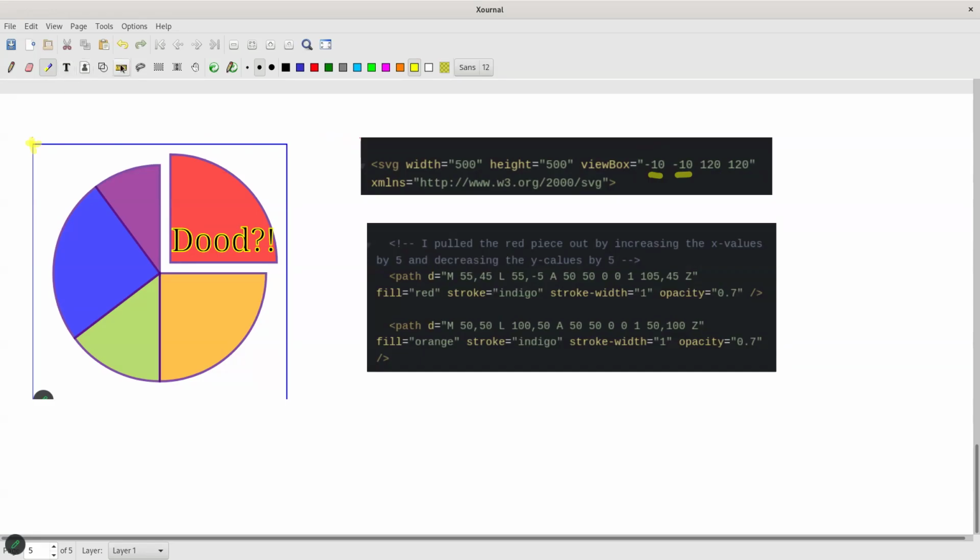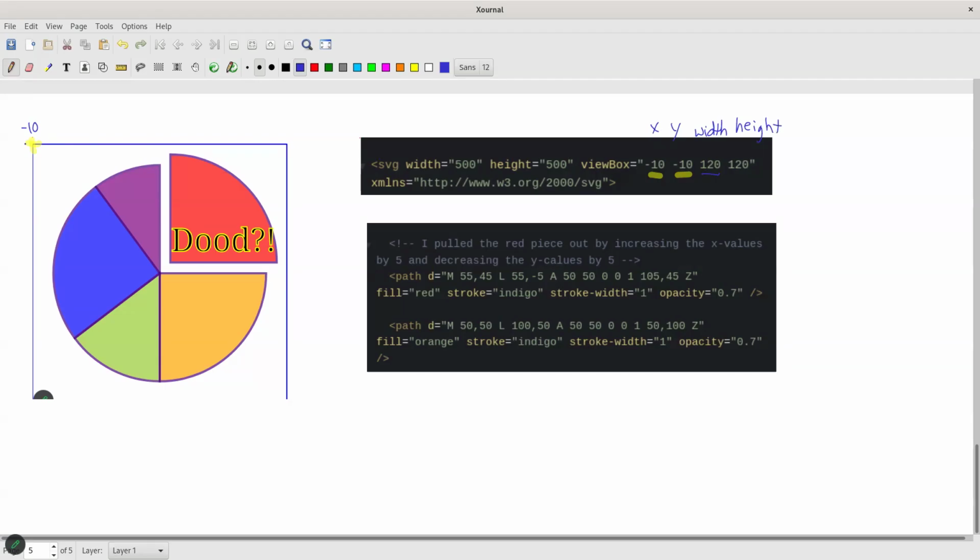So if we start at -10, again, this is x equals -10 right there. And I go 120 pixels to the right. That's the width right there. So the view box is starting x, starting y, width, and height.